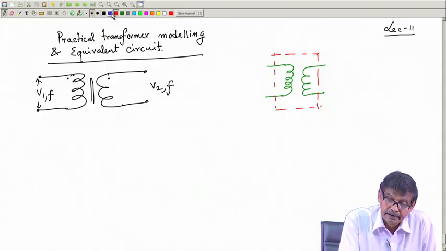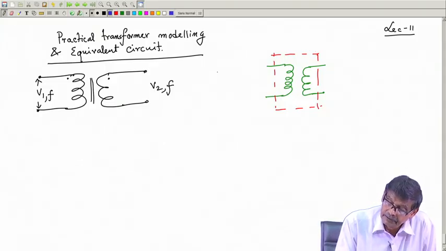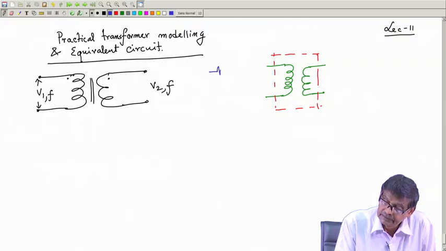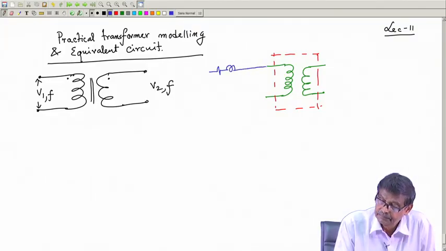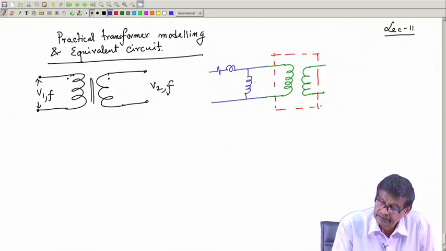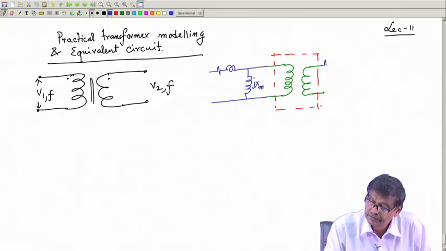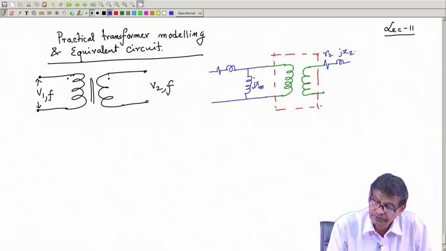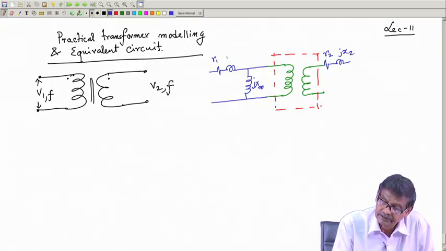And then you have connected some resistance and leakage reactance on the primary, and here is your magnetizing reactance jXM, and then here also the secondary winding resistance R2 and jX2, and this is R1 and jX1.